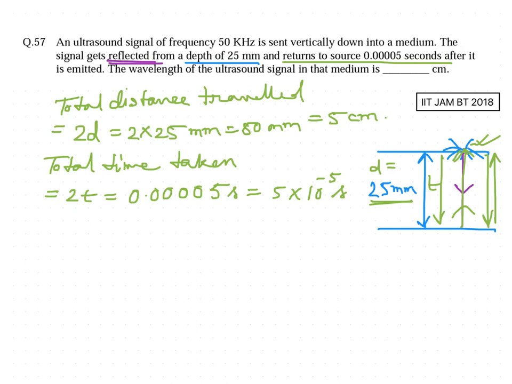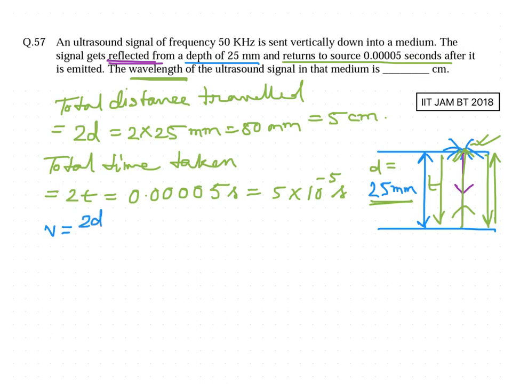Okay, now we need to find the wavelength of the signal. To find the wavelength, we can find the velocity of the signal in the medium. Now how to find the velocity? We know velocity v equal total distance traveled by total time taken, right?